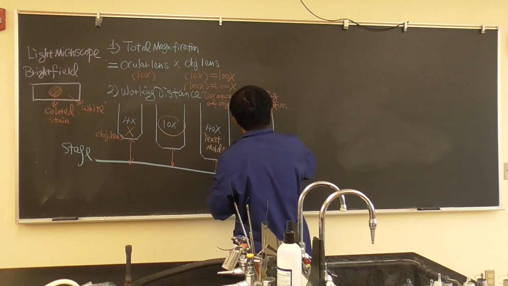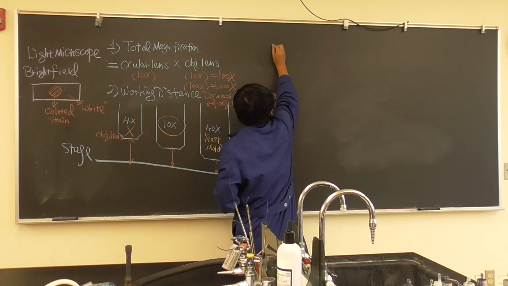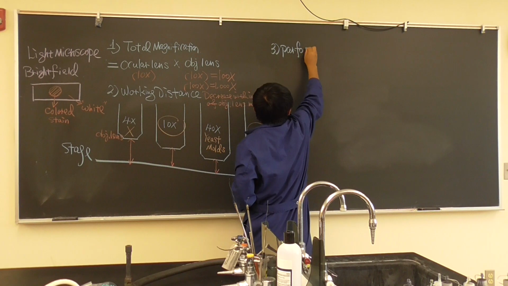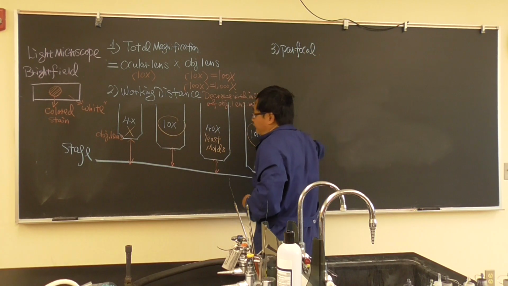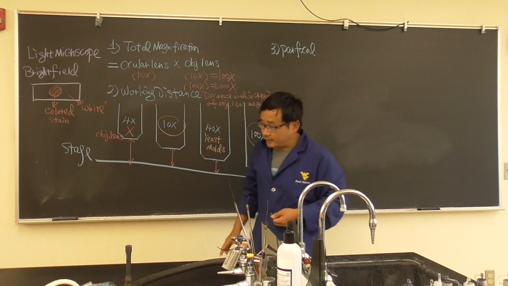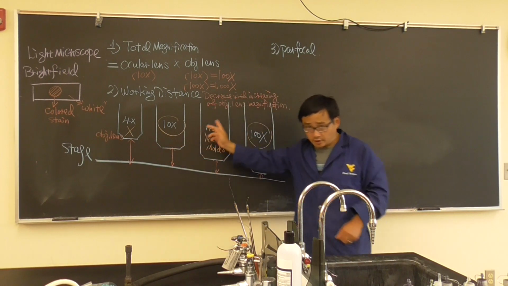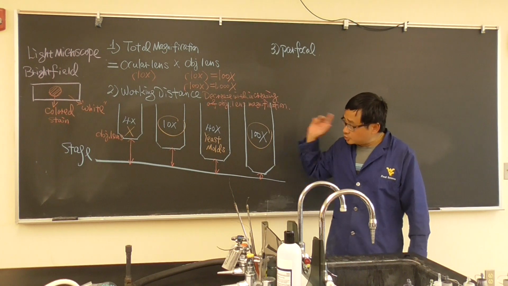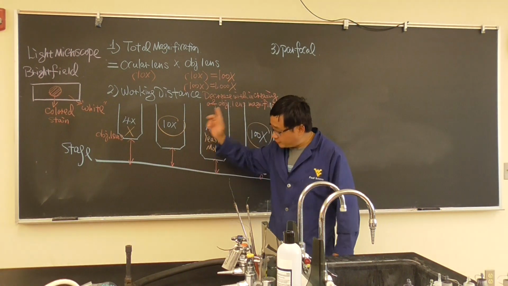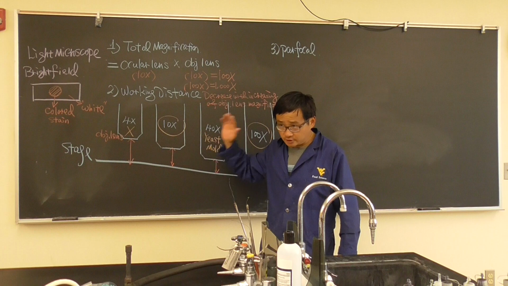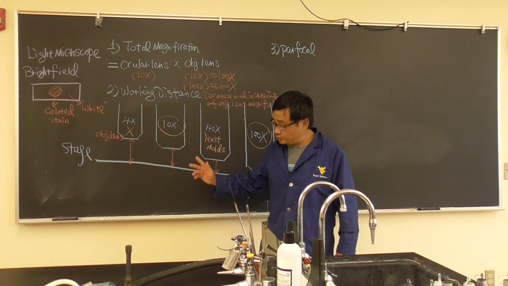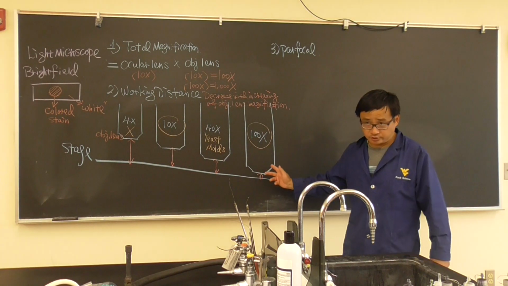The third concept is called parafocal. So what is parafocal? Like I just mentioned, we're going to use the 10x and 100x objective lens. So once you use 10x to find the specimen, which means it's focused, then you put the oil there, and then you switch to the 100x.